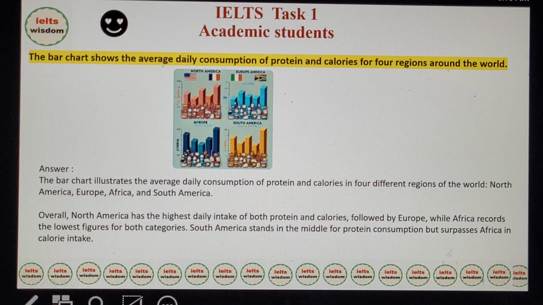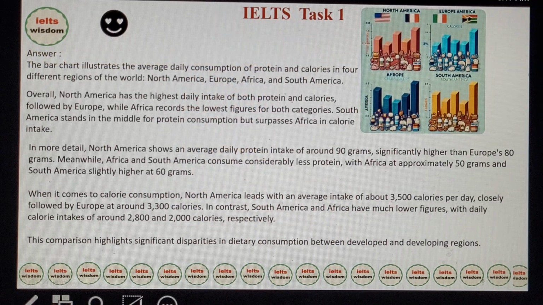Okay, South America stands in the middle for protein consumption, but surpasses Africa in calorie intake. If you can see there, the calorie intake is really less here. Okay, so the overview is now complete. These are the two things I just explained.